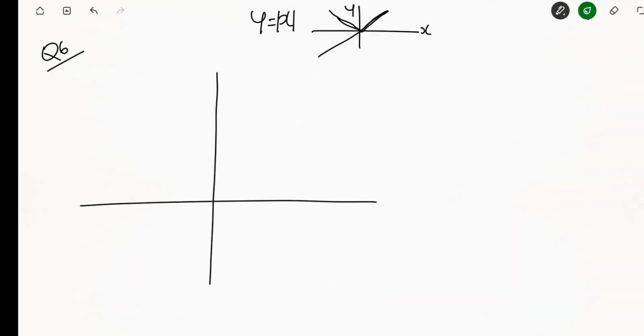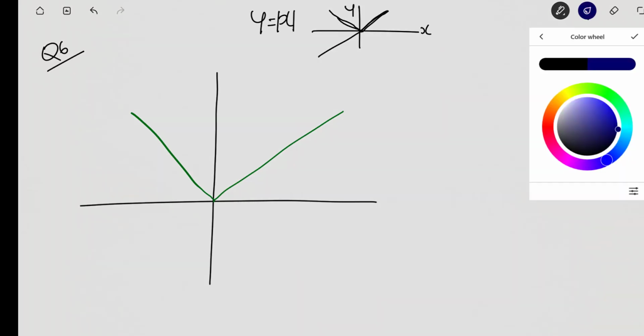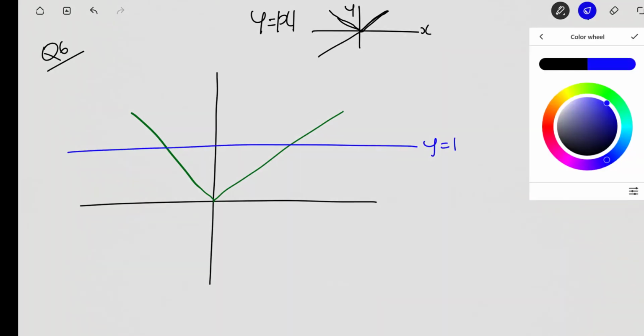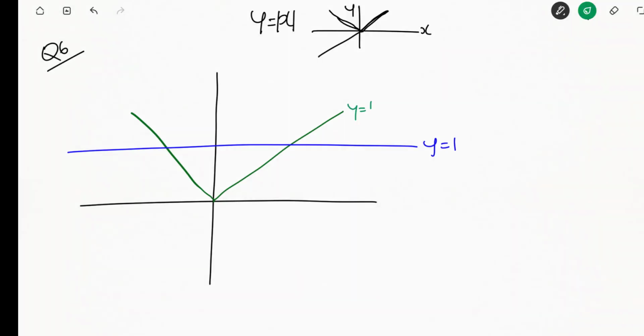This is y equals mod of x, right? Just the mirror of this side, because we are taking the absolute value of x. The other line is y equals 1. This point is obviously 0 0. This point is what?